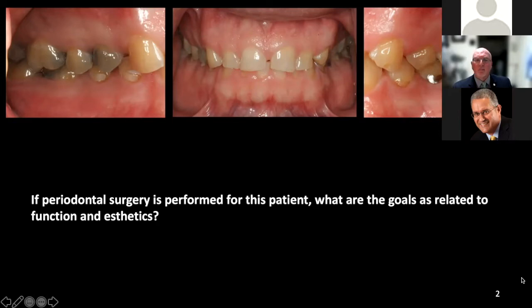If periodontal surgery is performed for this patient, what are the goals as related to function and aesthetics?